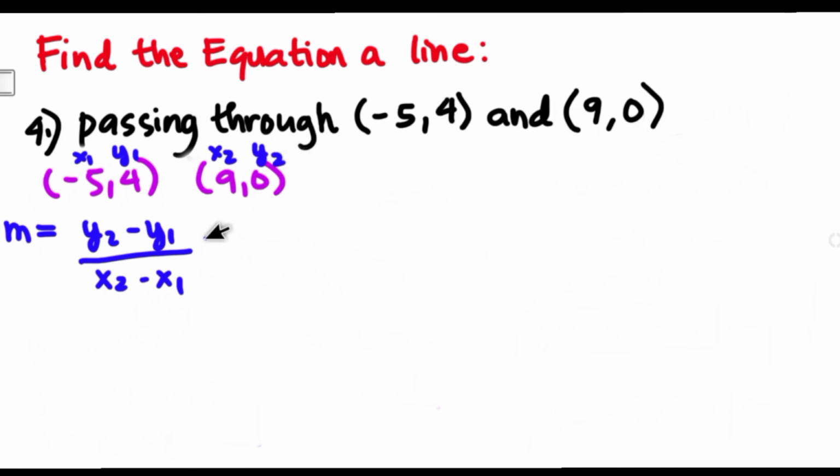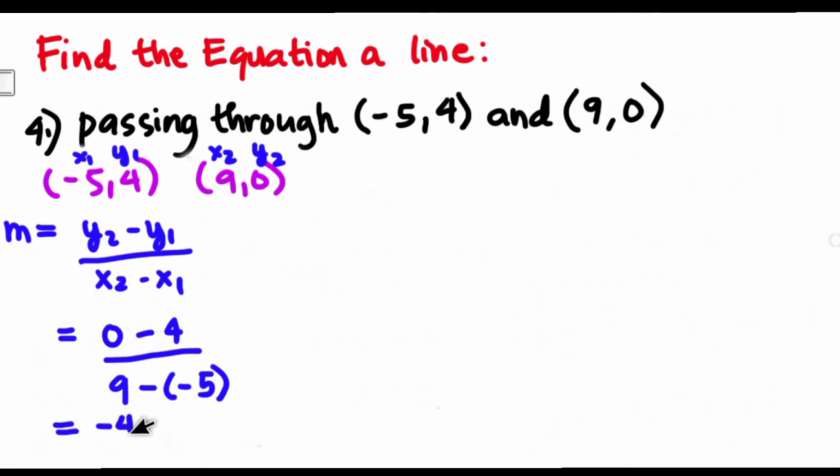So, lagay po natin sa formula. So, y sub 2 is 0 minus y sub 1 is 4 over x sub 2 is 9 minus negative 5. So, magiging 0 minus 4 is negative 4 over 9 minus negative 5.